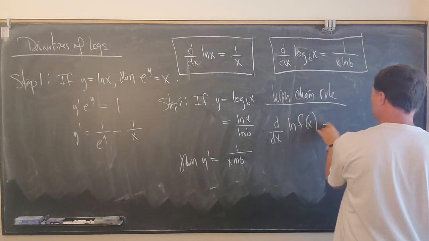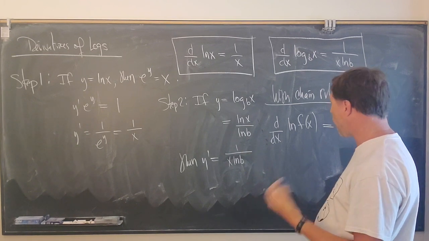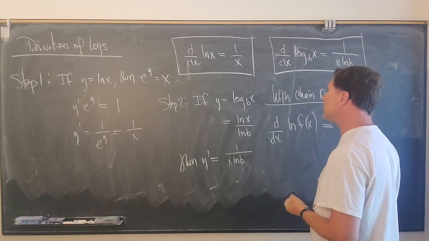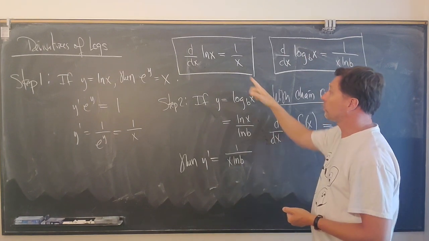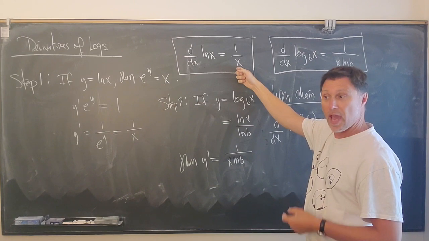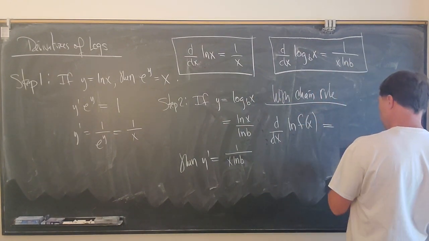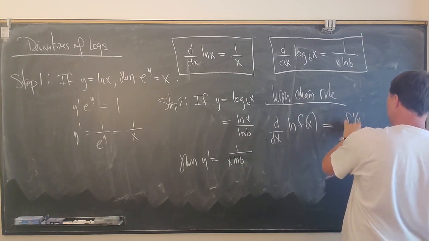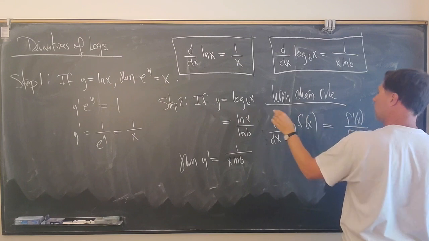According to the chain rule, you take the derivative of the outside function and plug the inside function back in. The outside function is natural log. If we took the derivative, we get 1 over x, but plug the inside function back in, and then multiply by the derivative of the inside function. So that would tell us that we get f prime of x over f of x.